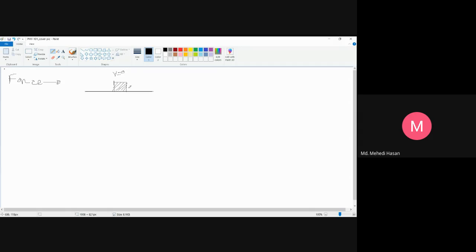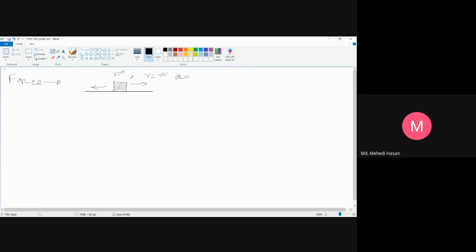Now if we try to produce a motion of that object, or produce a velocity either rightward or leftward, we have to apply some force. So there will be a certain velocity, and this velocity produces acceleration.